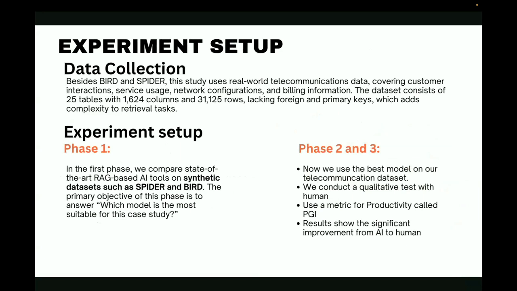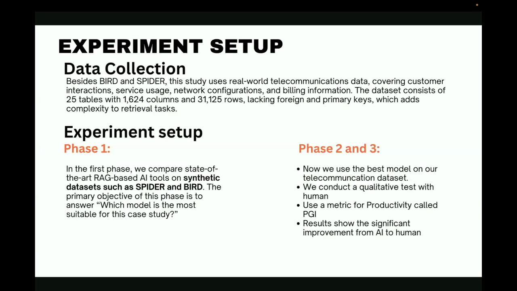Before doing any experiment, we have to collect the data. Following other natural language generation papers, we adopt our tools on synthetic datasets like BIRD and Spider, because they are the most popular.